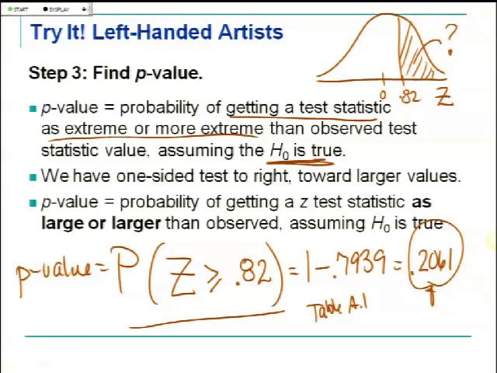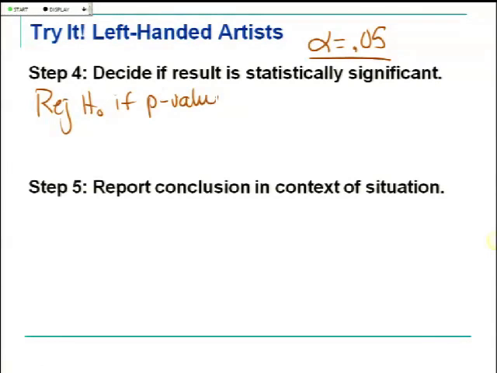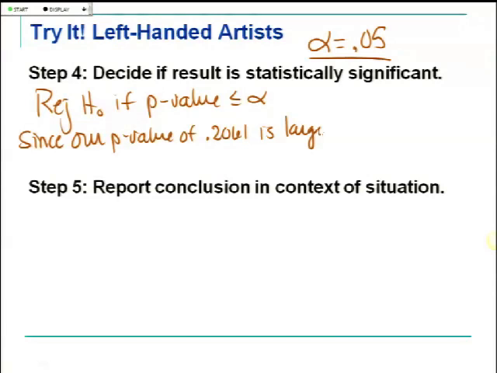The most common level of significance is 5%. We decide to reject H0 if the p-value is small enough. Since our p-value of 20%, 0.2061, is larger than the significance level that was selected, 5%, we stay with H0.